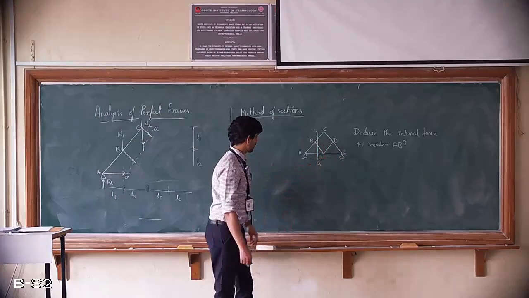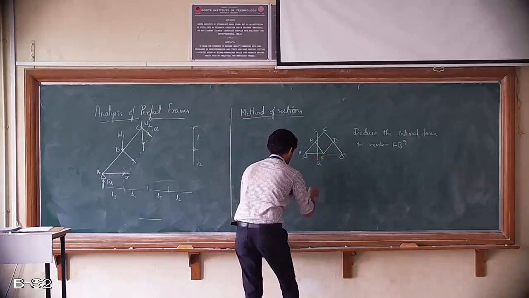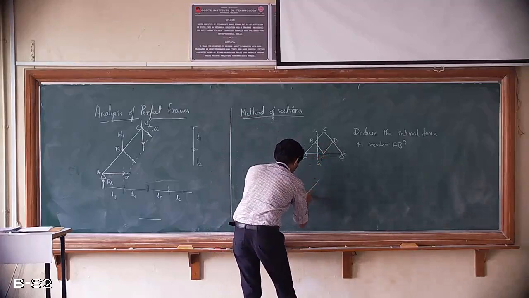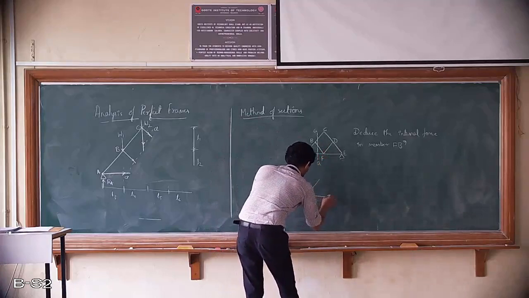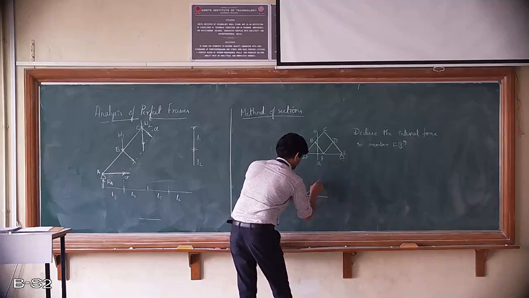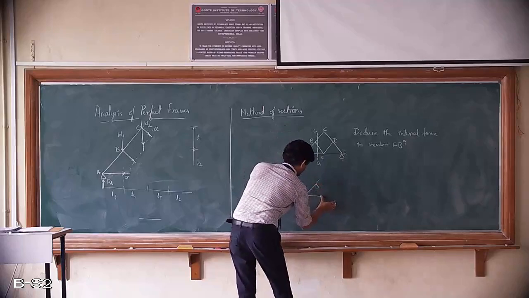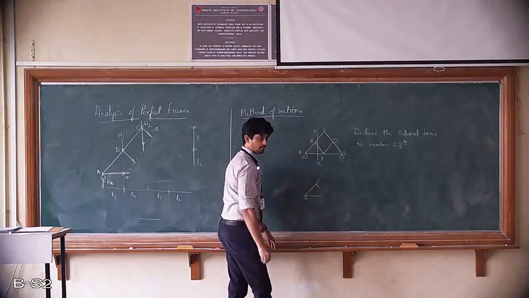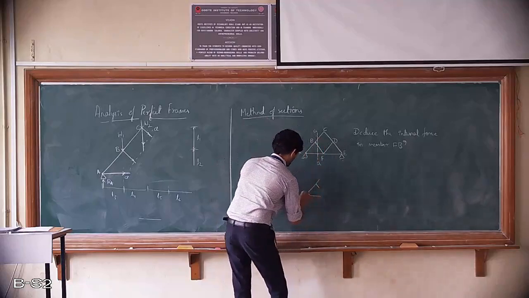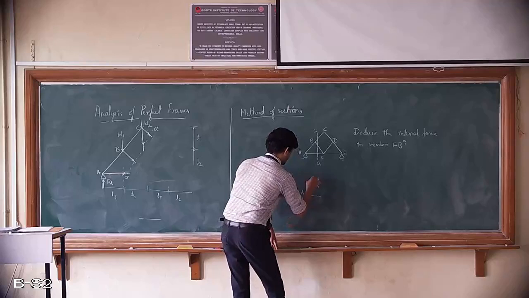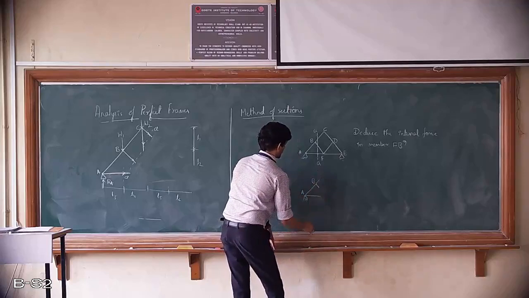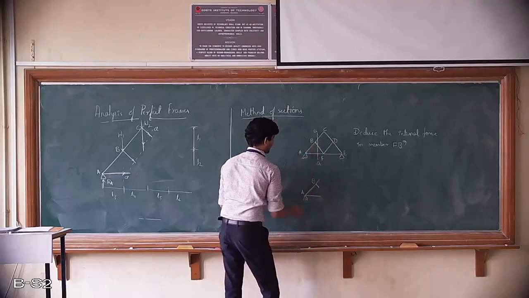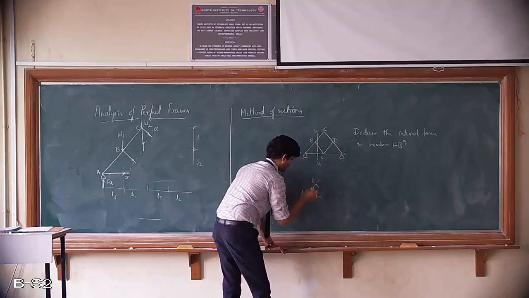Why? Now let us redraw this one. I am just drawing the left hand side of the structure. So this is A, this is B, and that's what we can see on the left side. This is member AB, fine.